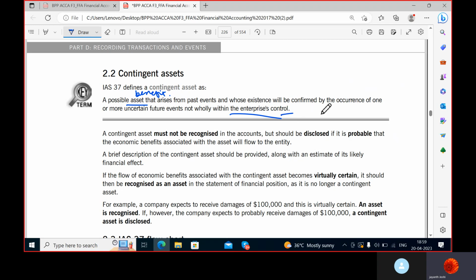The only difference is that here the company doesn't have to pay anything. Here the company is expecting to receive something. But that is again dependent upon a future event which is uncertain. Clear?